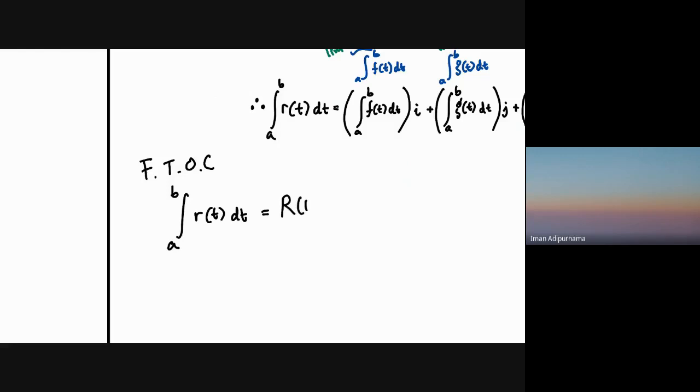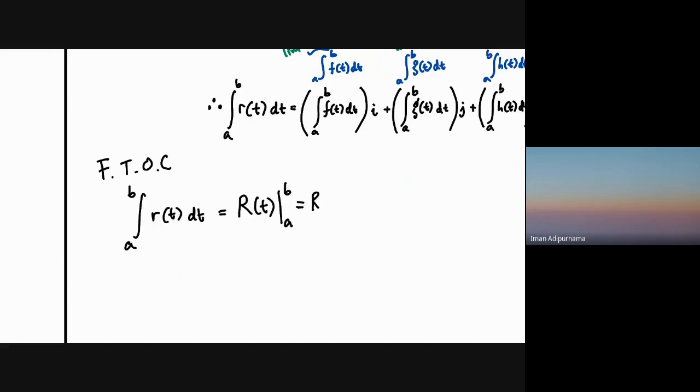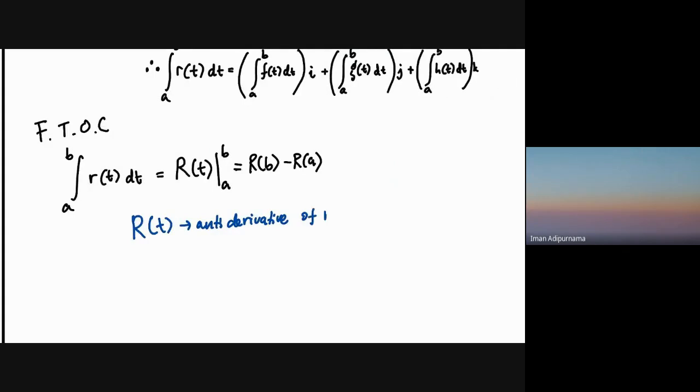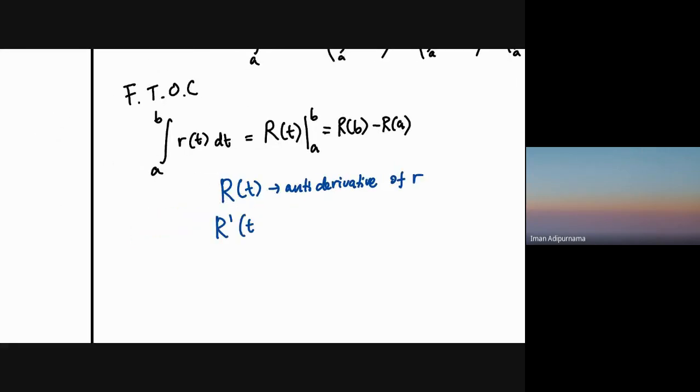We can write this as the capital R from a to b, which is also equal to R(b) minus R(a), where this capital R is the antiderivative of r, so R prime is r. And that's it, section 13.2.